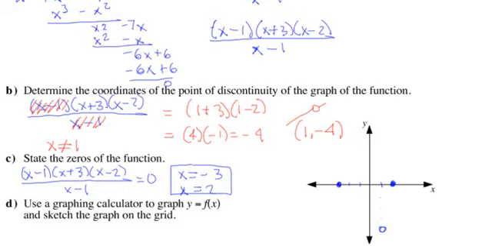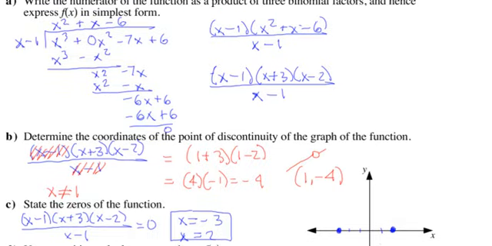And scrolling up for a moment, we know that because the x minus 1 factors cancel almost everywhere, pretend those are gone for a moment, generally this curve wants to behave like x squared plus x minus 6. It wants to behave like a parabola opening up.